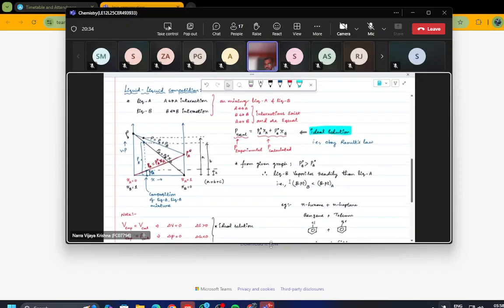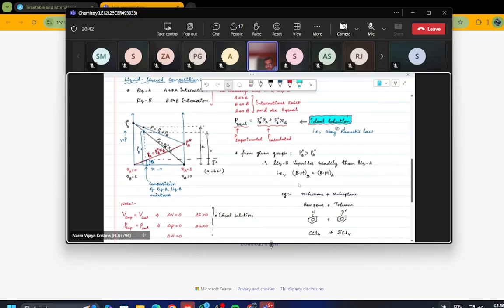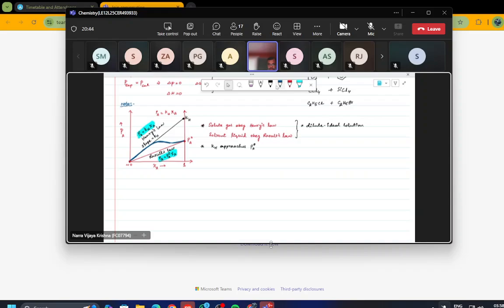And we have talked about ideal solutions. Now we are talking about non-ideal solutions. So what are non-ideal solutions? Respond.